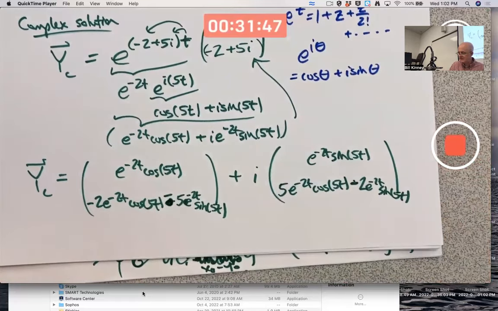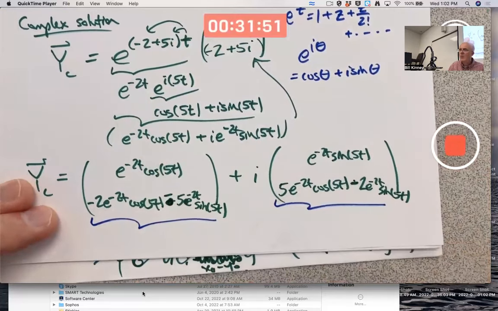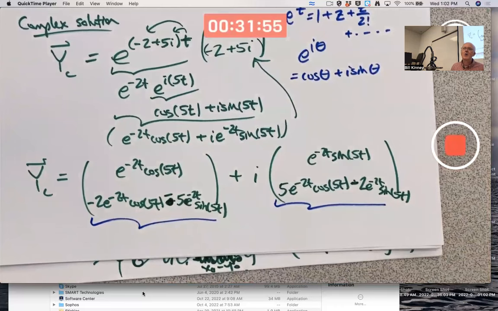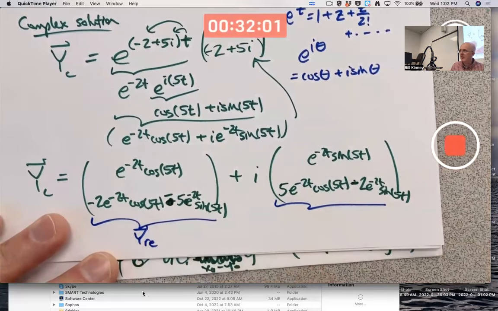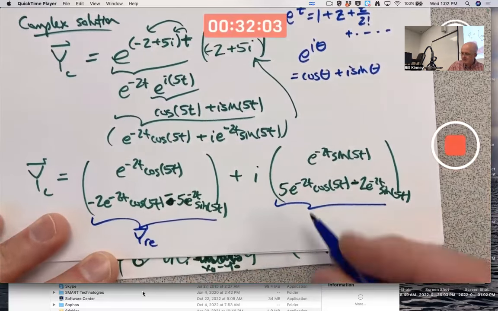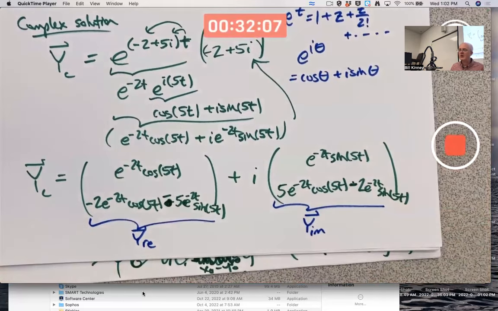These two vectors that you see here, this one and this one, without the i, are real solutions of the original differential equation. The book labels this y sub re for real part, and the book labels this one y sub im for imaginary part, but don't let that fool you.